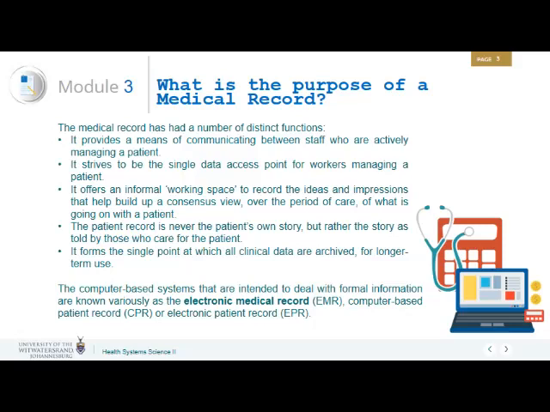So one way of doing this, of course, is through a paper file, but another way is to store that information through a computer system. We see that very usefully here, there are many advances in computer-based systems for medical record keeping. Very often we refer to these as electronic medical records, but there are other terms that are used too, such as computer-based records, computer-based patient records, or electronic patient records.